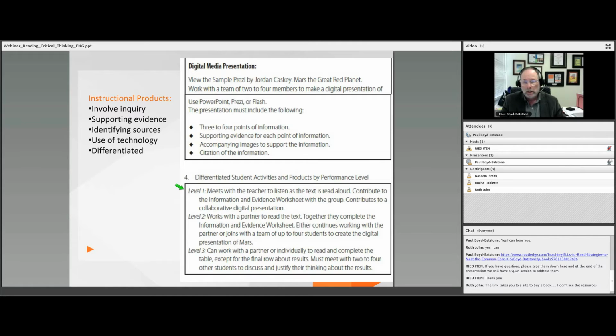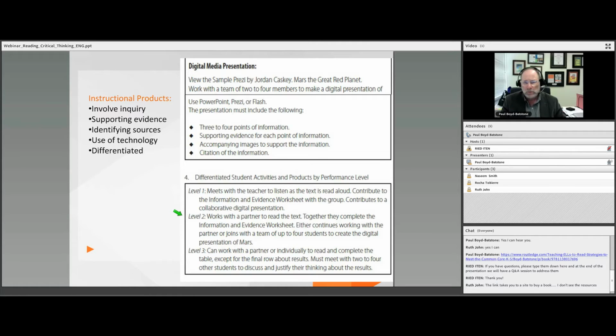Level 1, you meet with the teacher and listen to the text aloud. You contribute to that information and evidence with the group orally, and you contribute to the collaborative digital presentation. Level 2 works with a partner to read the text.